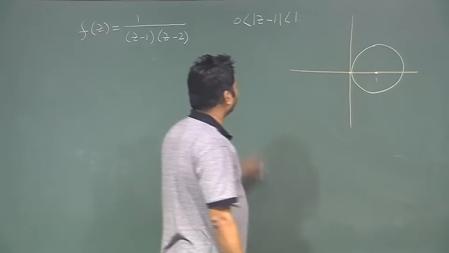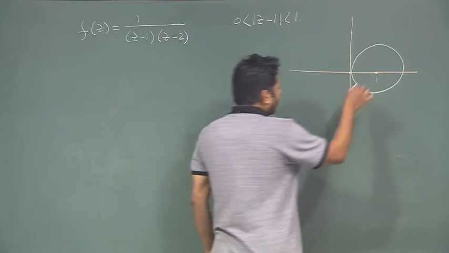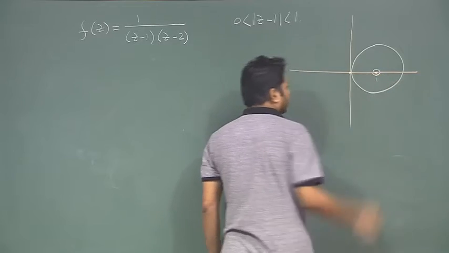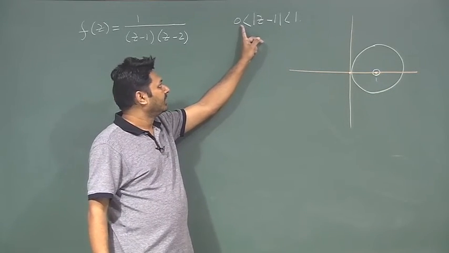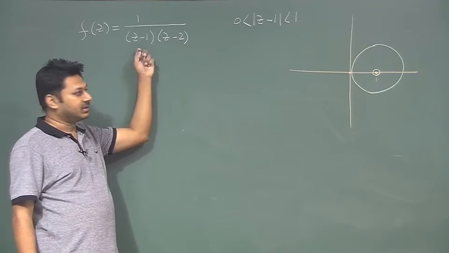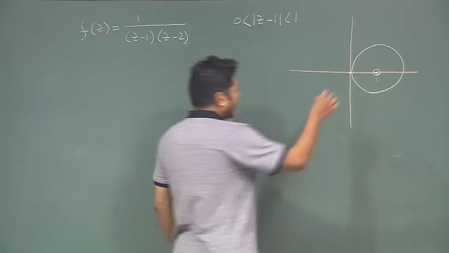This is the circle I have. Also note that modulus of z minus 1 is greater than 0, that means also here we have a small circle which is my small region, because it is not at the z equal to 1 point, because at z equal to 1 the function is not analytic, you should remember that. So, that means this is the region where I am trying to expand my function.